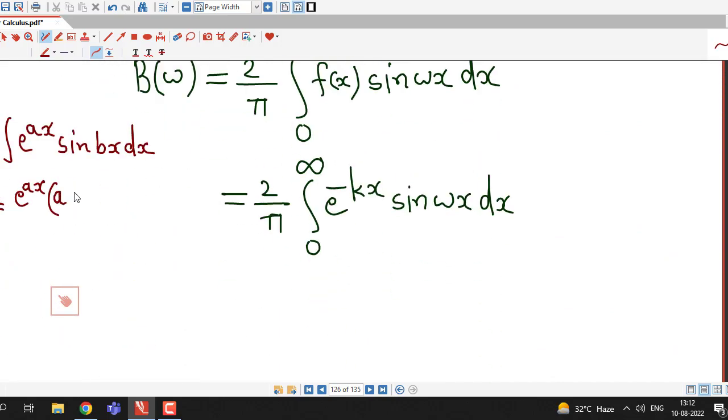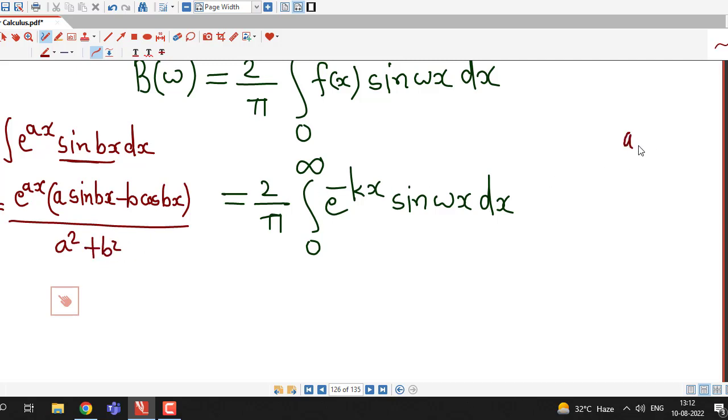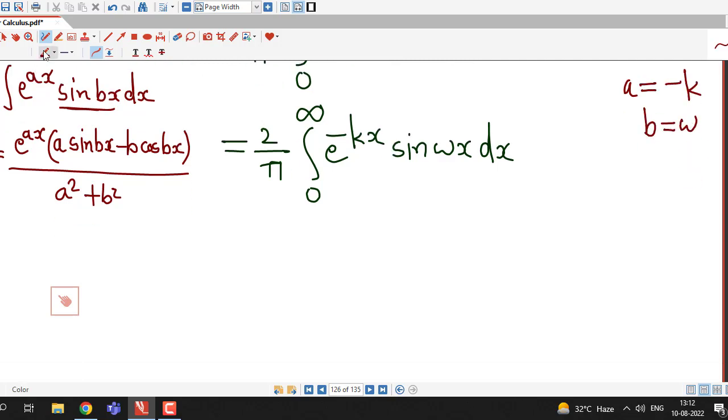So a cos bx becomes a sin bx, and because we have the sine function, we put a negative sign, b into cos bx, divided by a square plus b square. We can use this formula for this integral with a equal to minus k and b equal to omega.